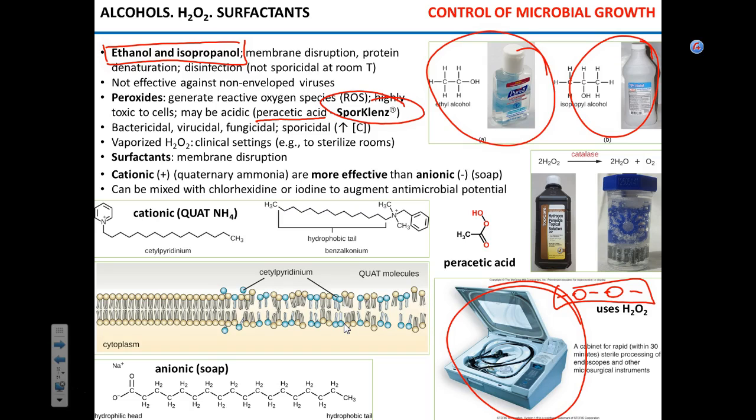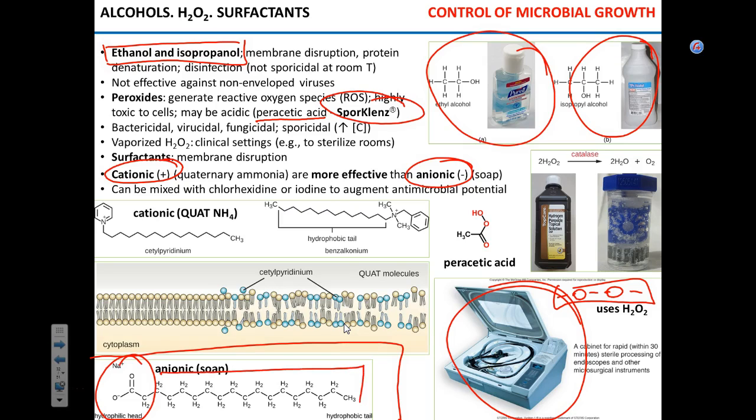Yes, surface tension. They really reduce the surface tension, and they essentially disrupt the membranes by inserting themselves inside. Surfactants can be cationic or anionic. Anionic surfactant is soap. It has a negative hydrophilic head and a hydrophobic tail.